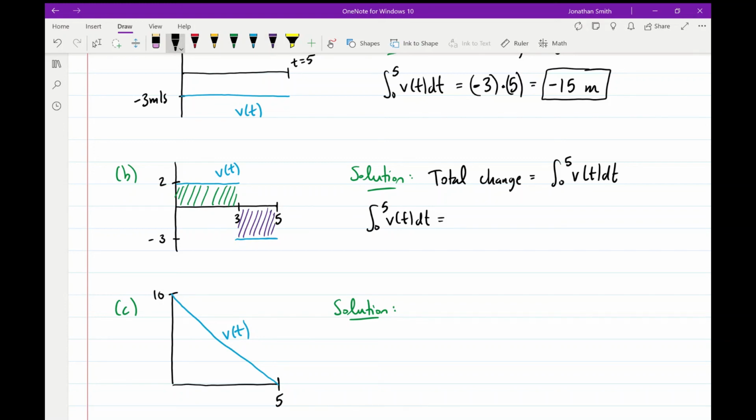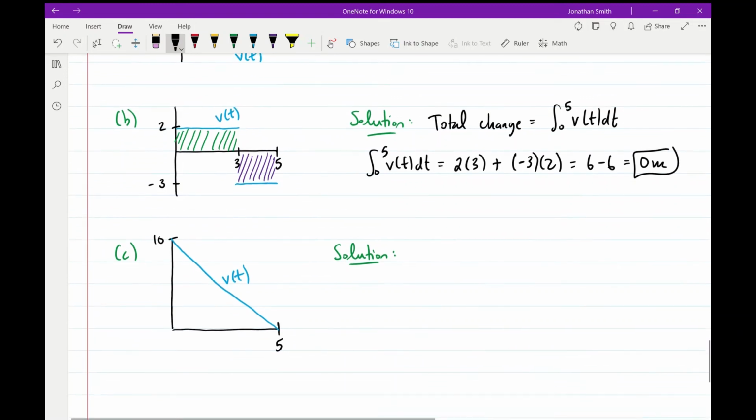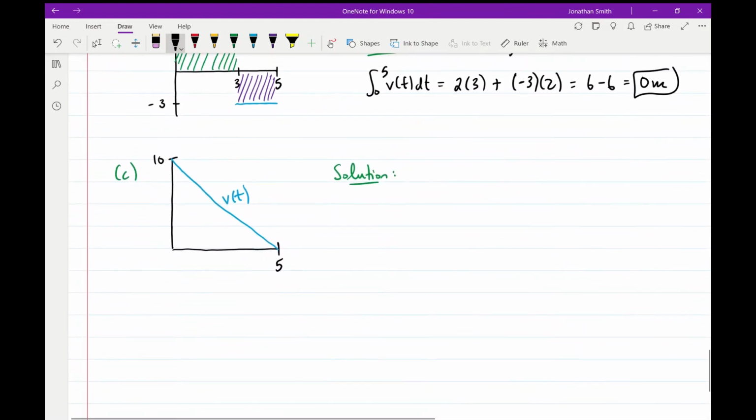And this is going to give us a 2 times 3 for the first portion, and then it looks like we have a -3 times 2 for the second portion, and this gives us a 6 minus 6 equals 0 meters. So in this second case, the particle is going to end at the exact same location it started. There's no net change in its position.